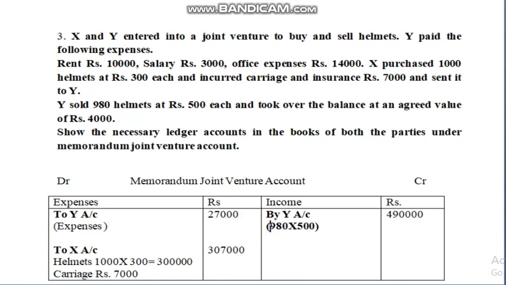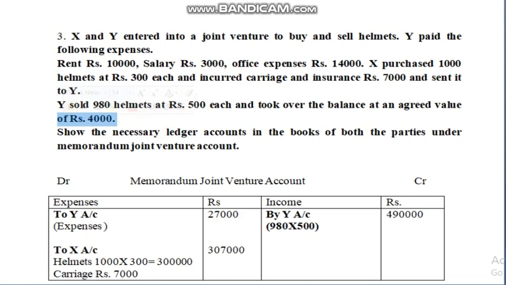And the last transaction: took over the balance at an agreed value of rupees 400. Who took over the balance helmets? Y only. Because the total helmets purchased were 1,000, and of these Y sold 980 helmets at rupees 500 each. The unsold helmets were 20 helmets, which were taken over by Y at a cost of rupees 400.